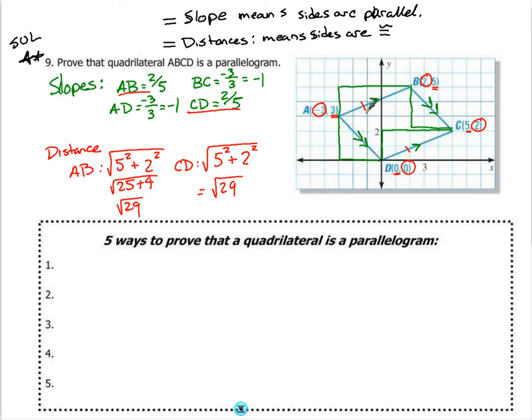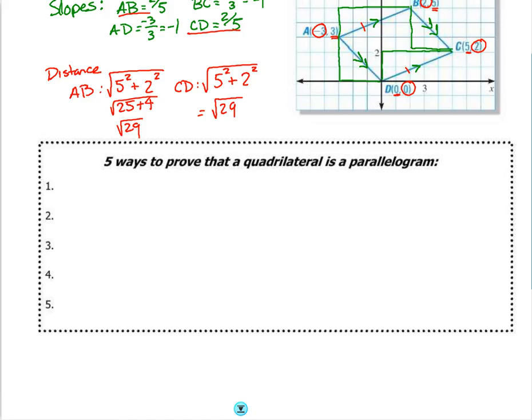Let's kind of recap and look at 5 ways to prove parallelograms, and this is a great way to recap at the beginning of the lesson. If I can show that both pairs of opposite sides are parallel, and I've got to make sure that's very clear, both pairs of opposite sides, I've got a parallelogram.